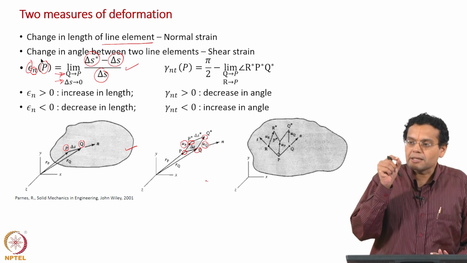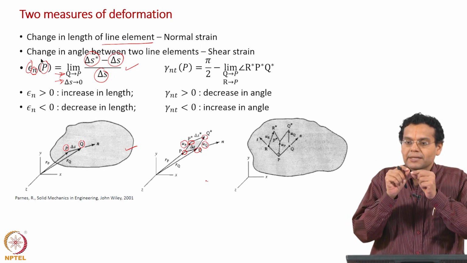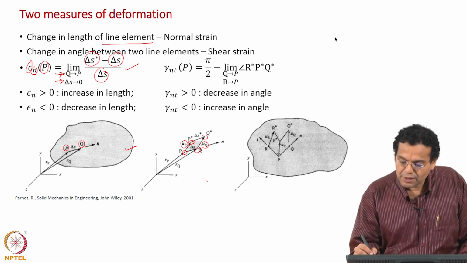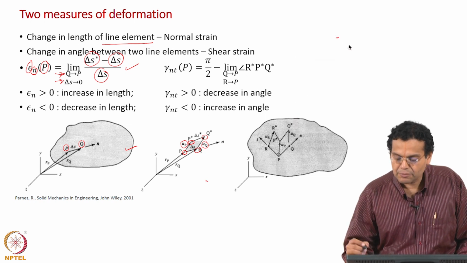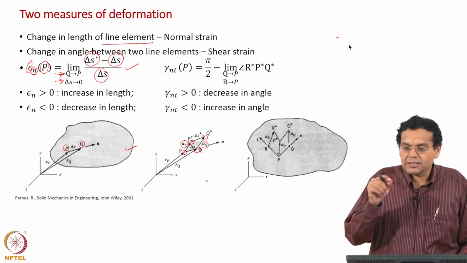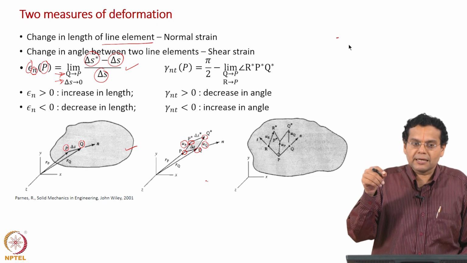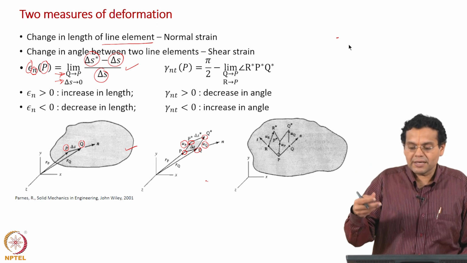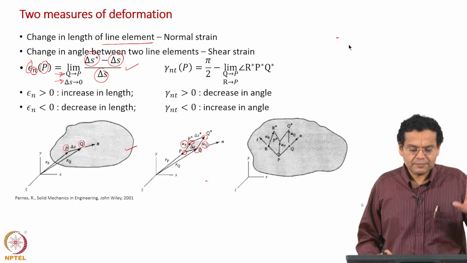You should imagine at a point a very small line along direction n, and ask what is the change in length for that line, divided by the original length. That gives you the definition of local normal strain.